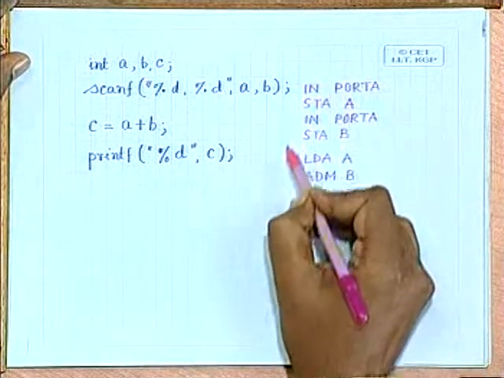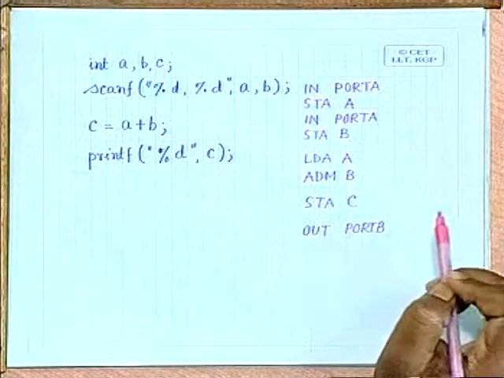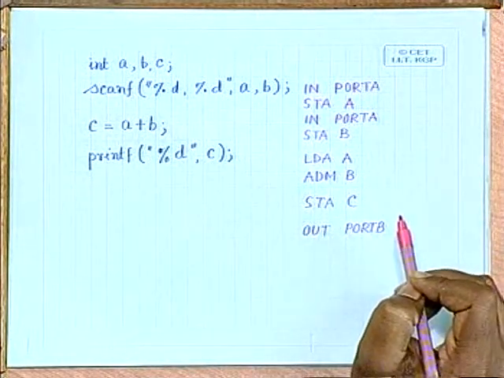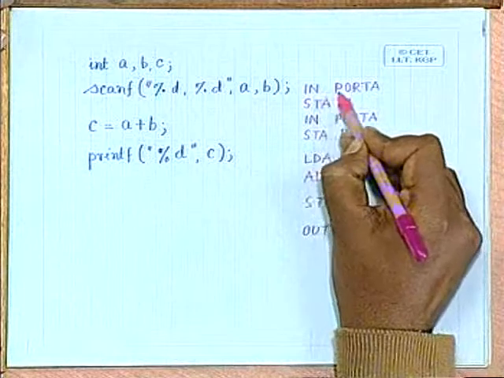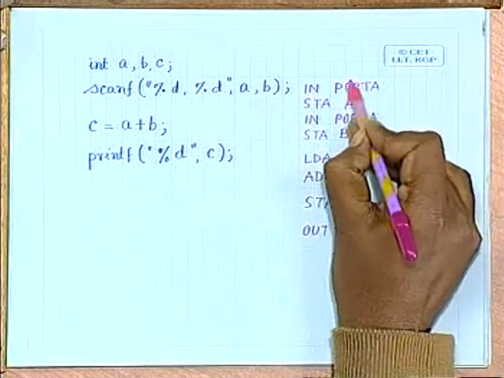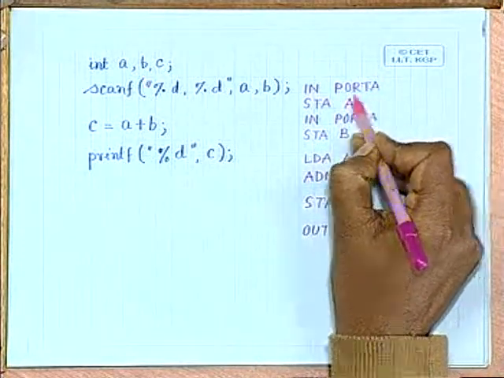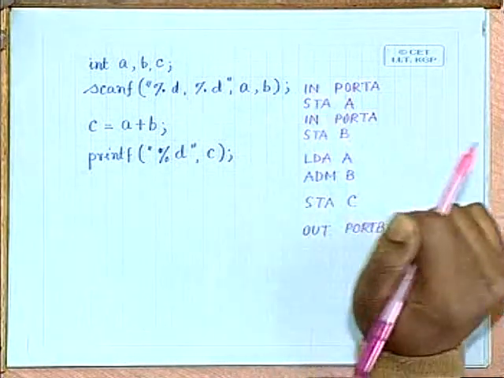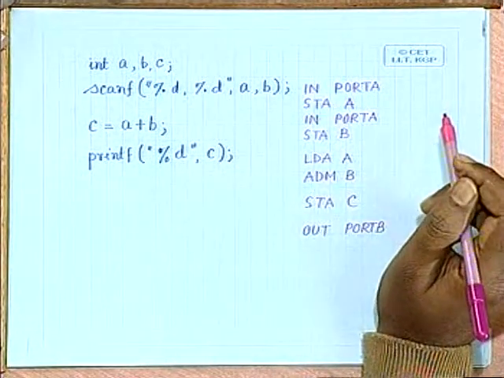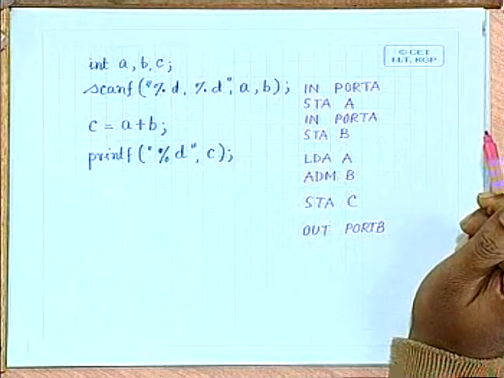So, this simple set of instructions in assembly language tells you what may be the resources which are necessary in the CPU of a computer or in the computer system as a whole. From this you find that for this in operation, the data is read from port A and saved in the accumulator. That means the CPU of the computer must have a register called an accumulator.